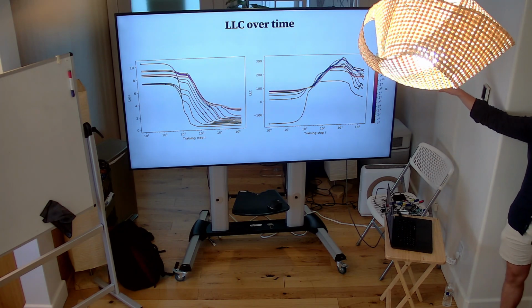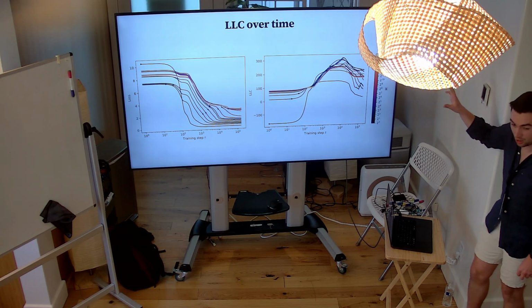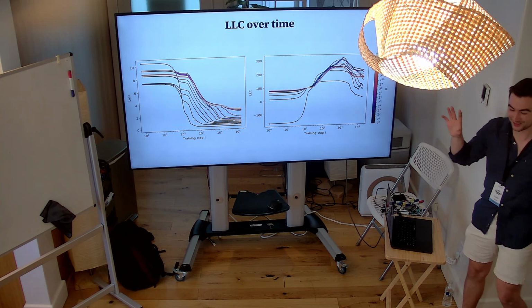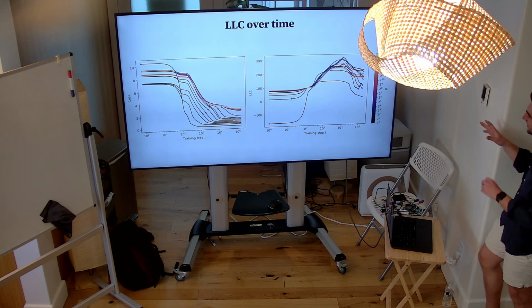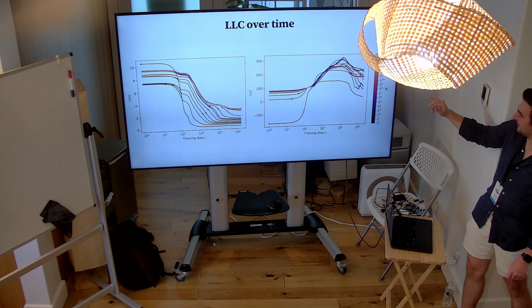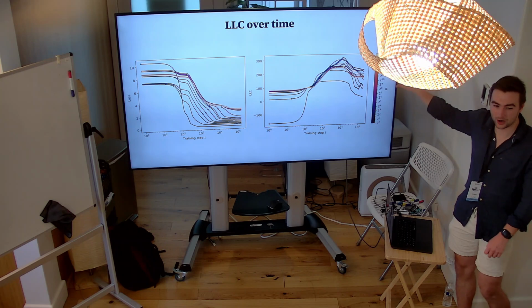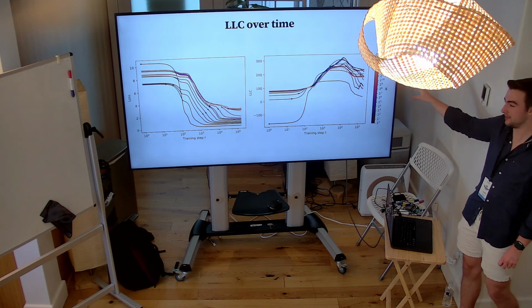And so these are the LLC curves over time corresponding to this process. Hot off the press, just a few hours ago, these were sort of finalised and well, look a bit better now. And cool, I'll wrap up in a minute. And we don't know necessarily how to read what is going on in these curves just yet.